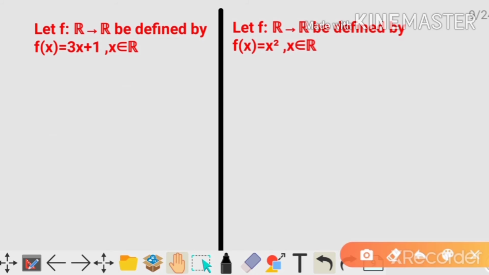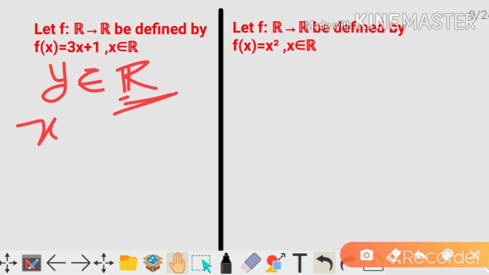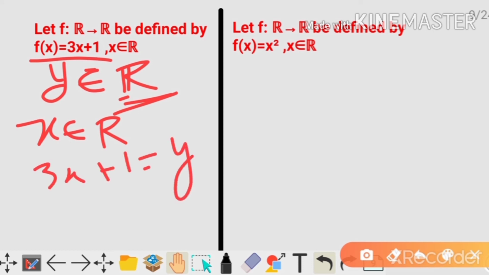For the first function, it's surjective. Let me show you how to prove that. First we need to take a point y from the codomain set R. It's the codomain set, not the domain. Then you need to find x from R such that f(x) equals y. That means 3x plus 1 equals y. So it implies that x will be (y minus 1) by 3.